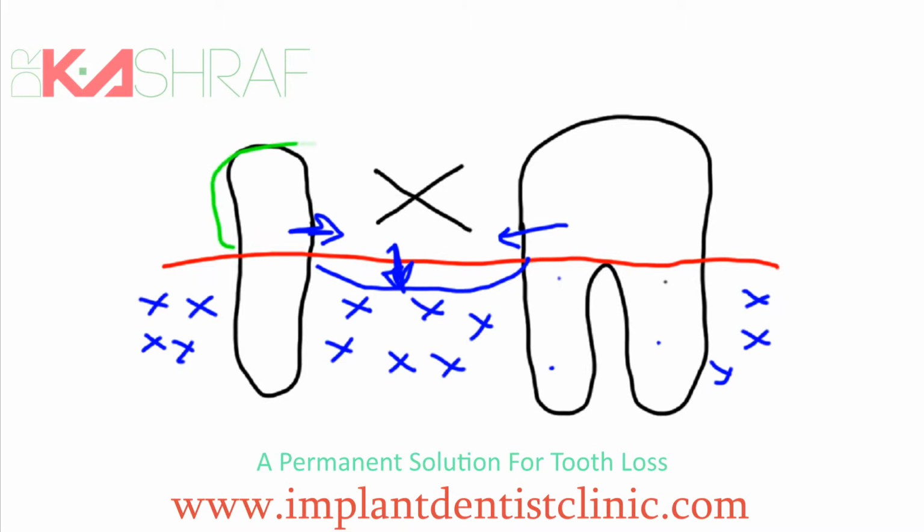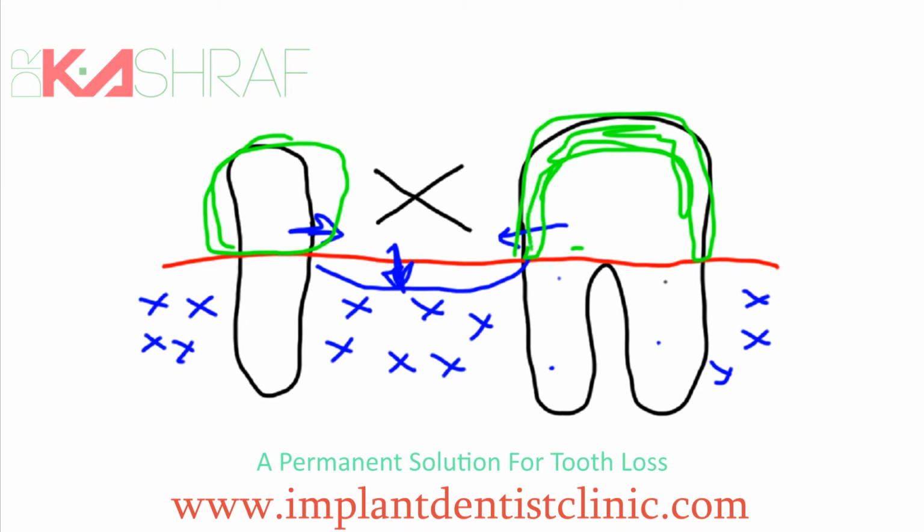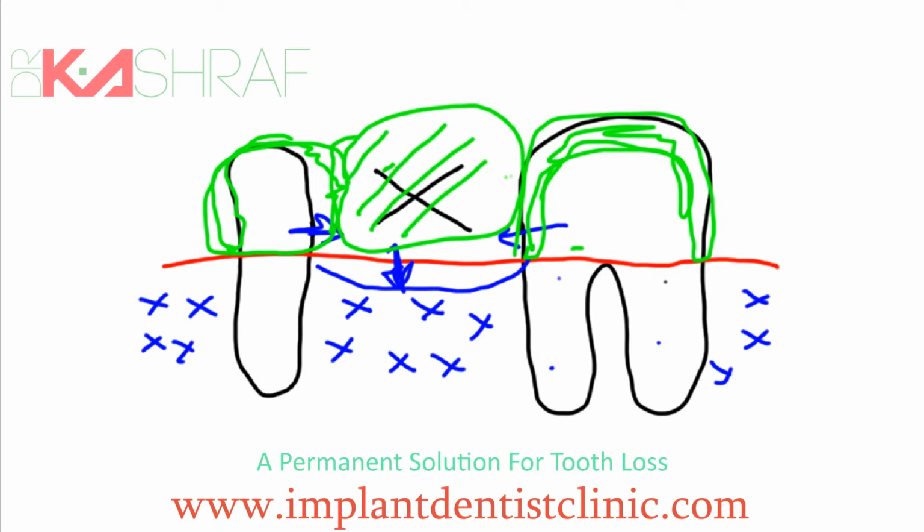Here's a cap that's going to come on top of here, and here's a cap that's going to come on top of there. And it's between these caps where an artificial tooth is going to be connected.